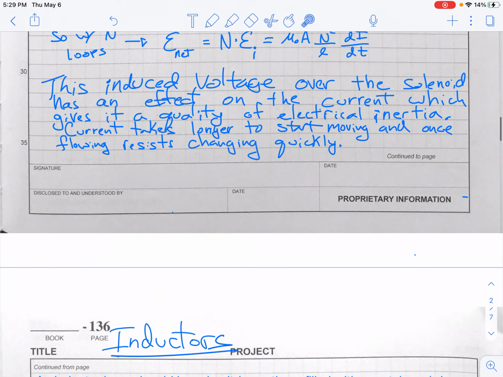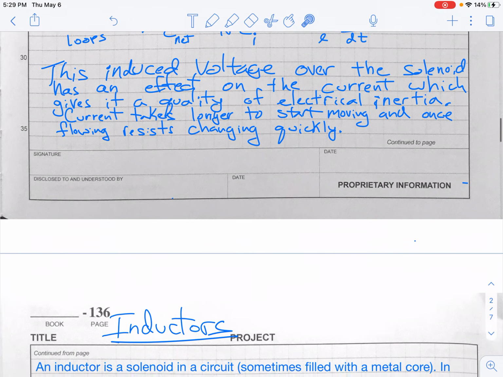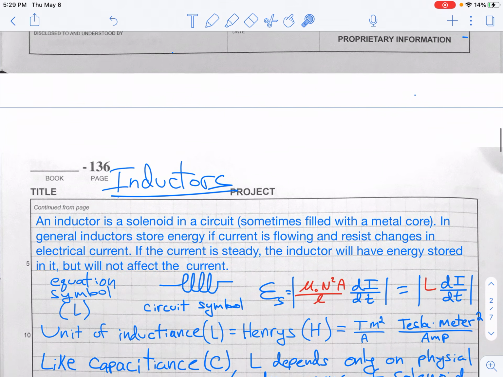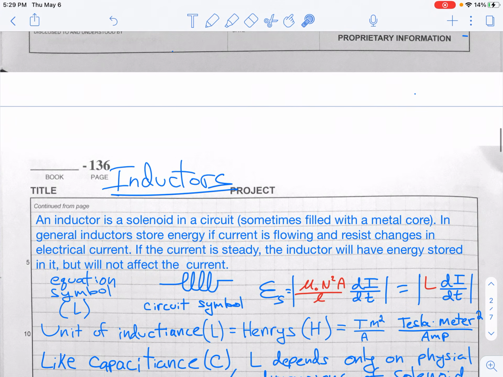So, more general information about inductors. An inductor is a solenoid in a circuit. Sometimes they're filled with a metal core that will enhance the effect, but we won't deal with that here. In general, inductors store energy in the form of a magnetic field if the current is flowing.